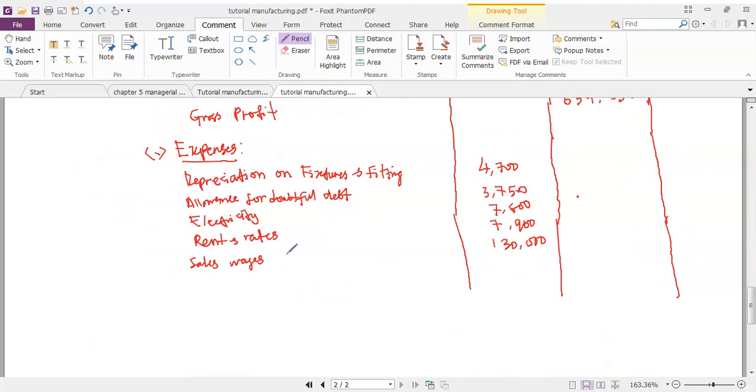So you should add on here. Admin expenses. 800.